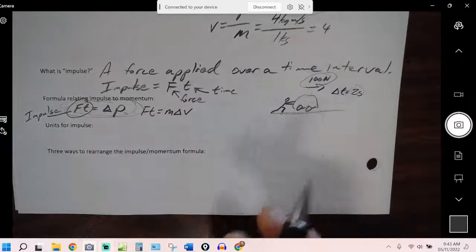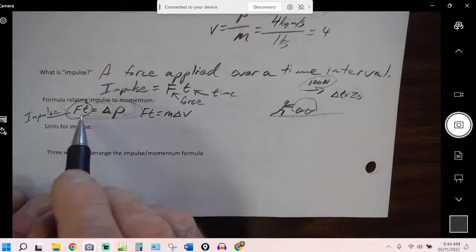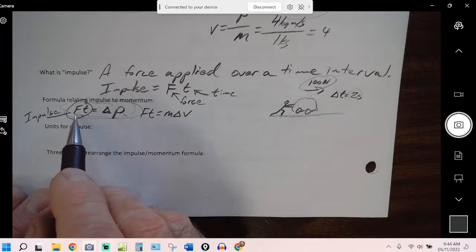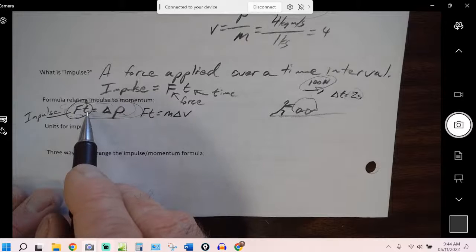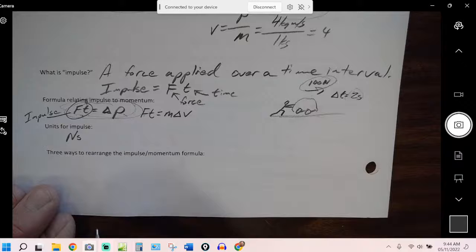Guess what the units for impulse are? There are 2 different kinds of units you can use. I don't care which one. This is impulse. What would the units be? What's the unit for force? Newtons. What's the unit for time? Seconds. So you can do Newton seconds.